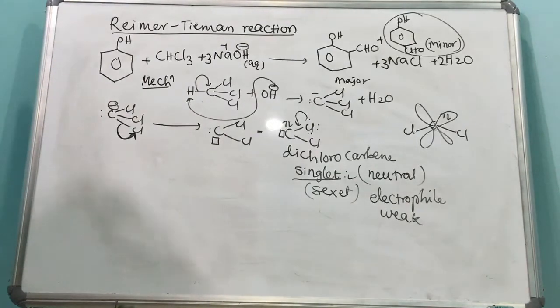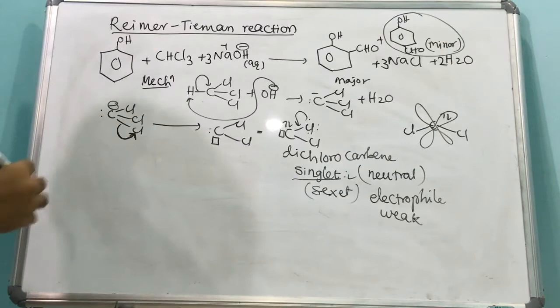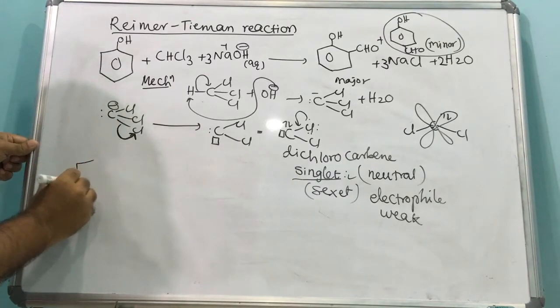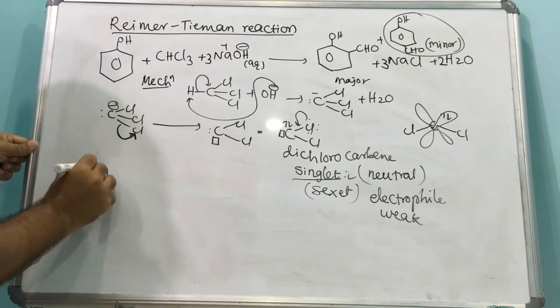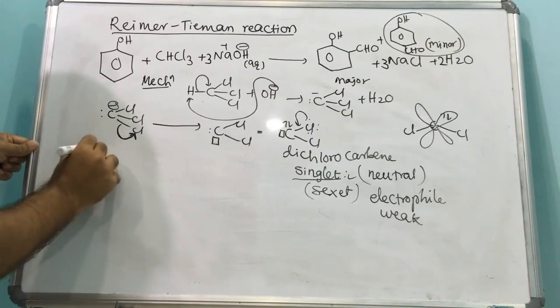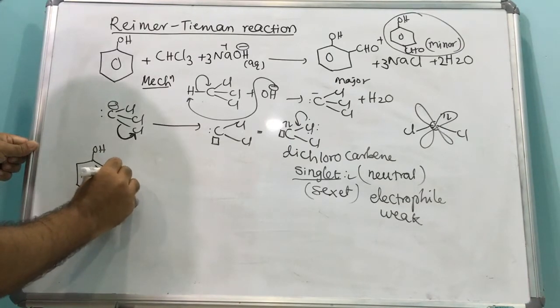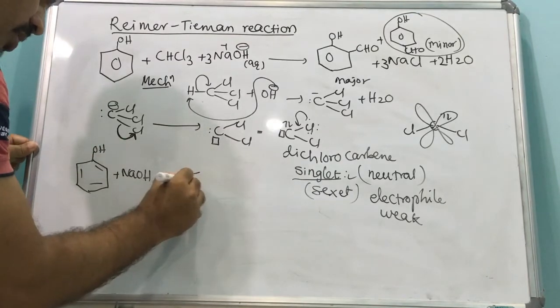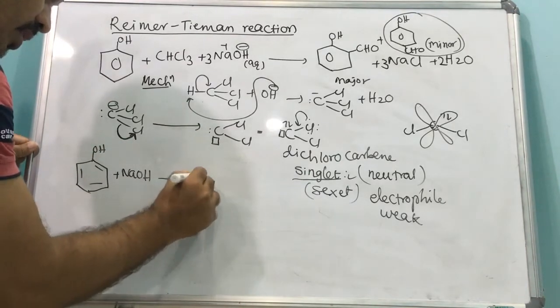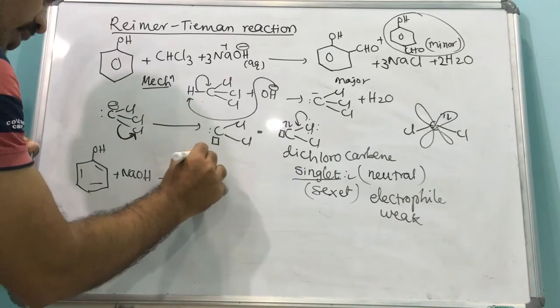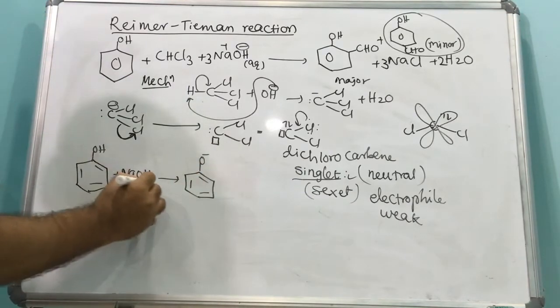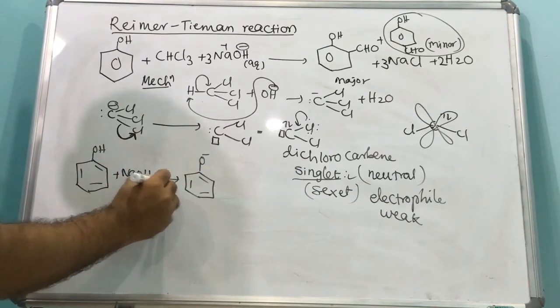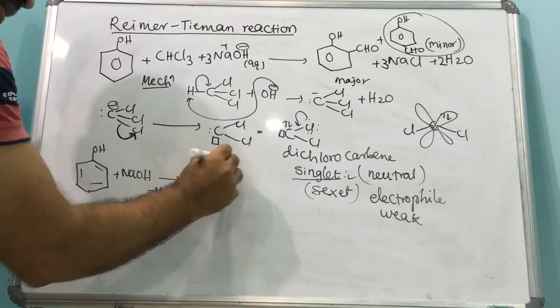Now the question is how this mechanism takes place. Now we know this is a phenol. This phenol part reacts with this base NaOH, because phenol is somewhat acidic in nature. Then we get the phenoxide ion, and H and OH minus, H2O will be eliminated, and this is the Na plus part.